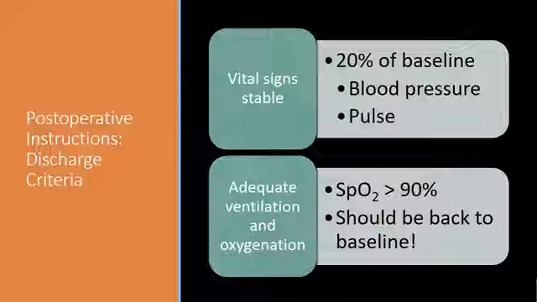So you start to dial that back, and slowly wean them off. If you ran them at 3 liters per minute, a couple of minutes after they're awake, turn it to 1 and then turn it off, and make sure that they can stay well ventilated and well oxygenated on room air alone for 5 to 10 minutes before you discharge them home.